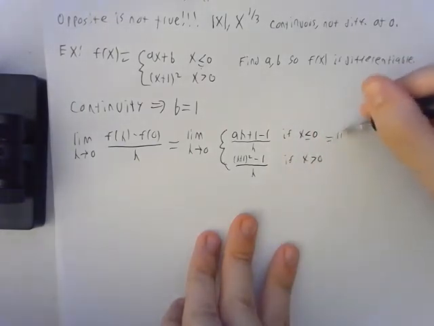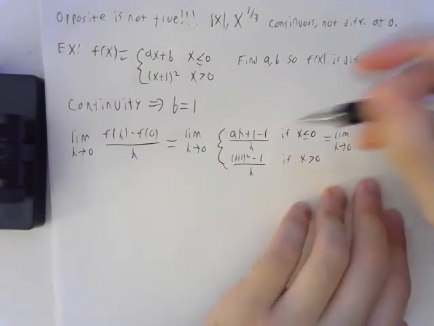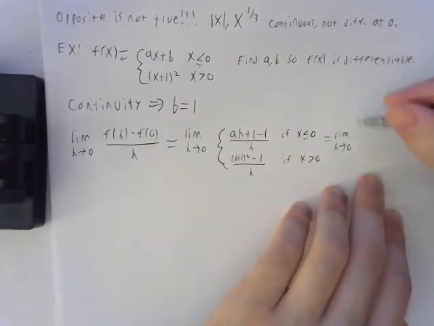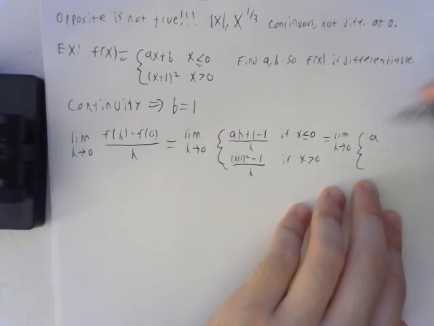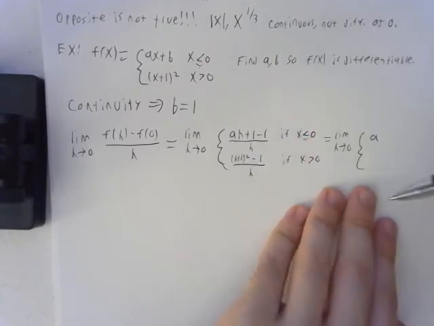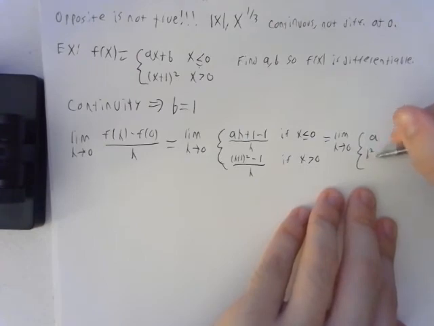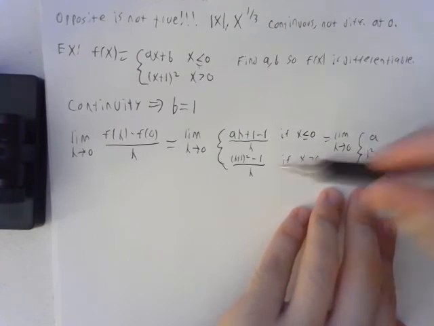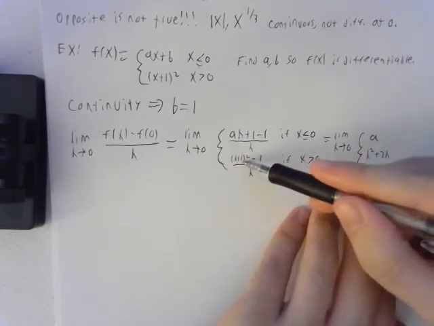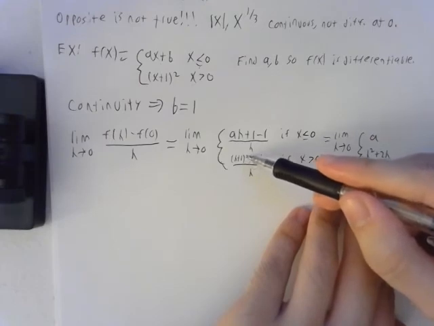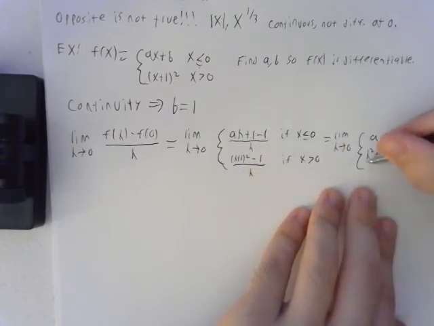So let's simplify this as the limit as h goes to 0. The top one just gives us a value of a. The bottom one, if we expand it, we'll get h squared plus 2h, then the minus 1 cancels with the plus 1 from expanding this square, and then we divide by h.